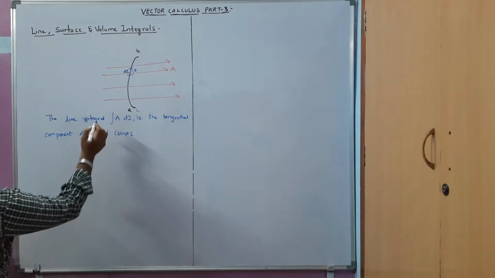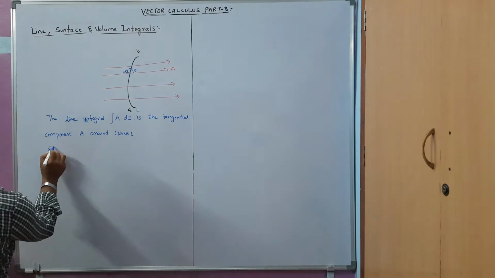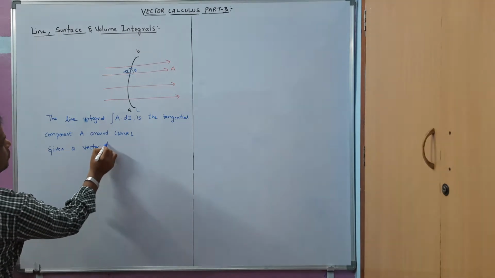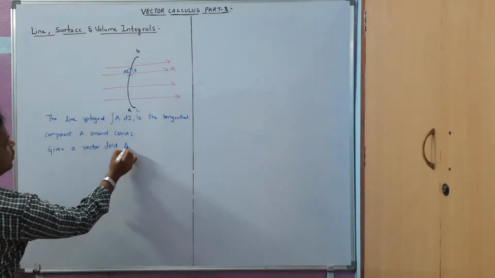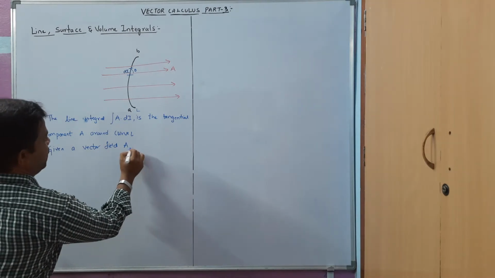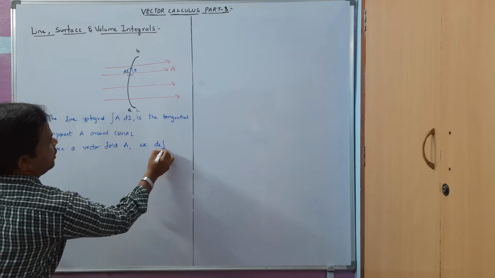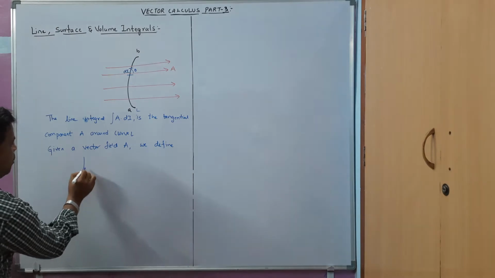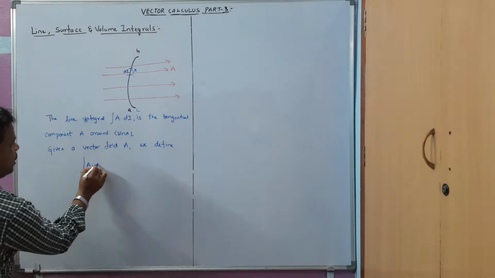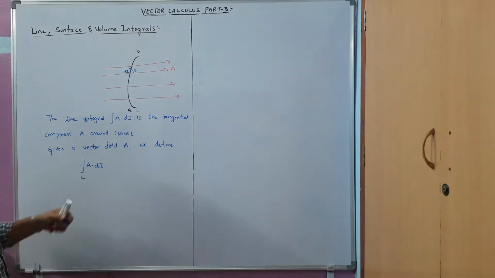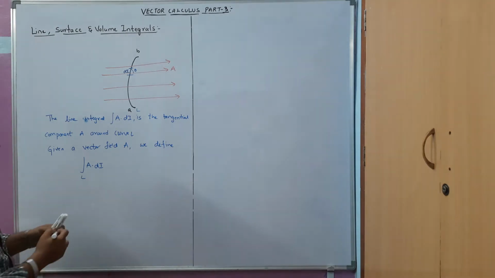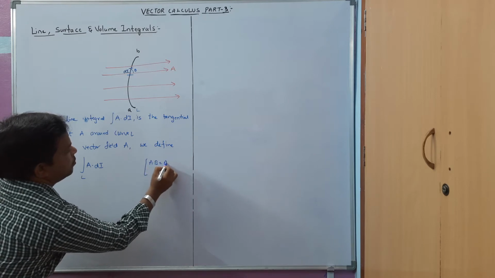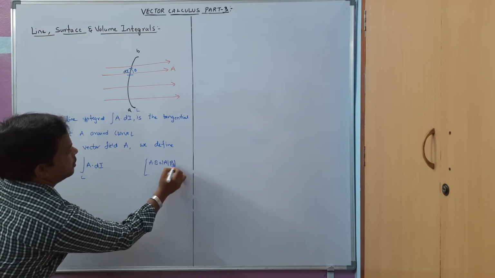Now, given a vector field A, we define the line integral as the line integral of A dot dl. We know that the dot product of two vectors A dot B is equal to mod A mod B cos theta.